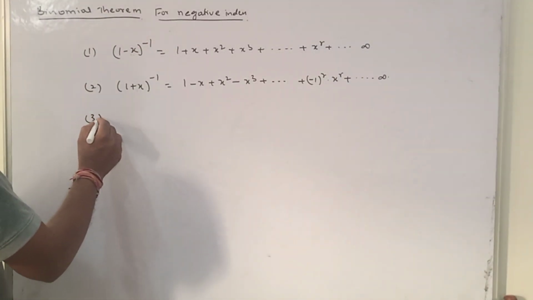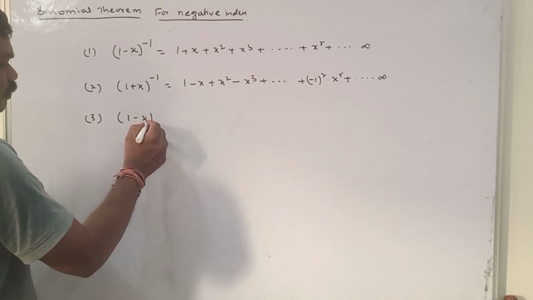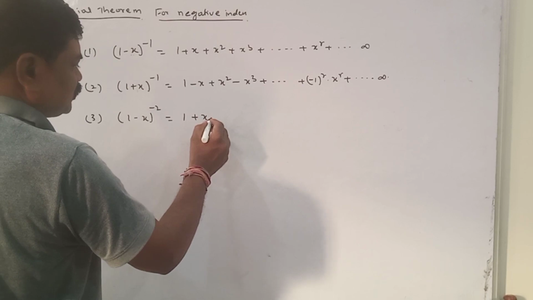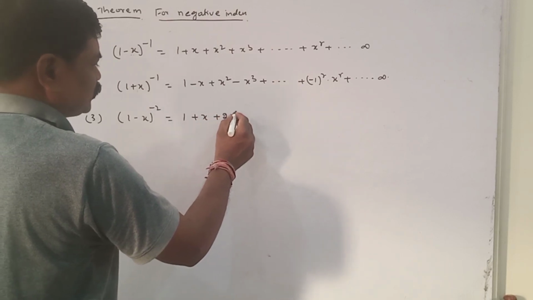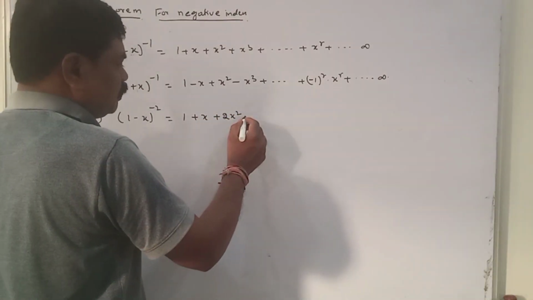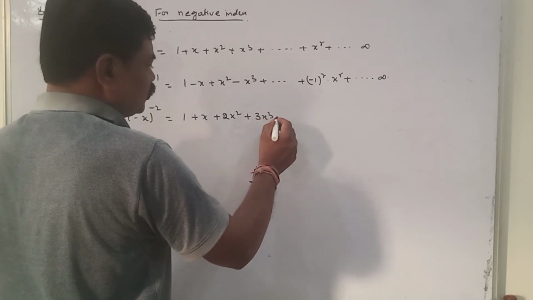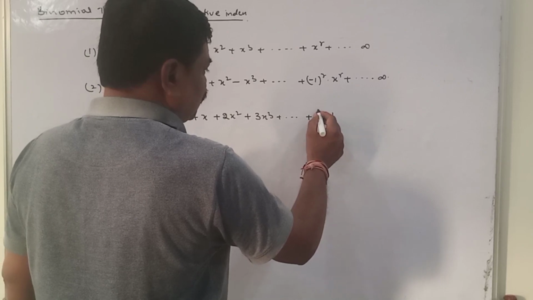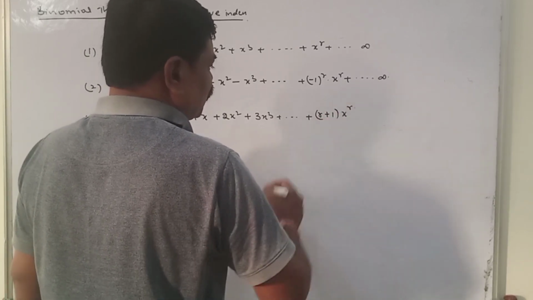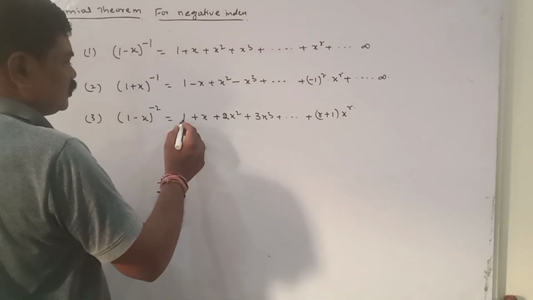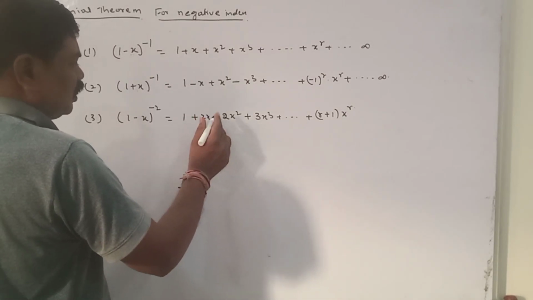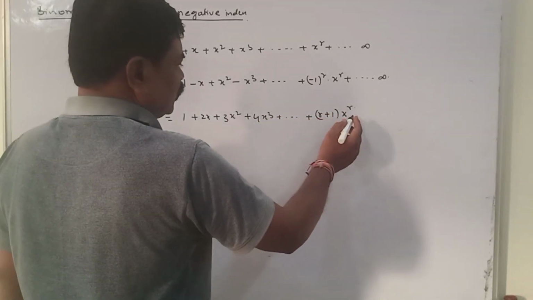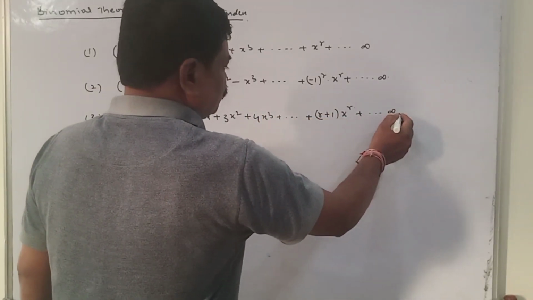And the third one: (1 minus x) whole power minus 2 equals 1 plus 2x plus 3x square plus 4x cube plus so on plus (r plus 1) into x power r, plus so on up to infinity.